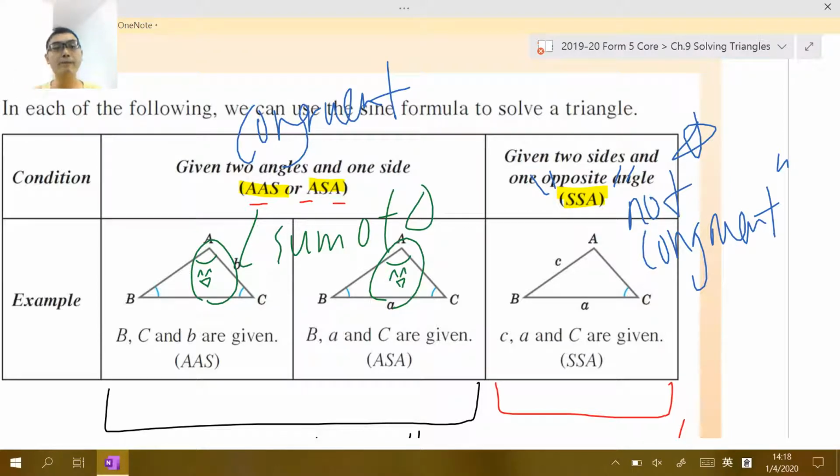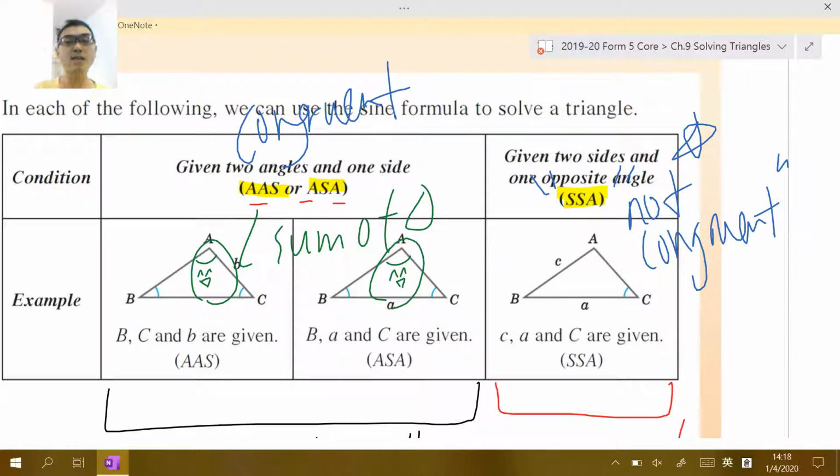Once you know the length of one side, you can use that angle and the side as a pair, and then take any other side to pair with its known angle. So you can easily see why we can use the sine formula to solve these two problems, because you know all the angles. Very easy.